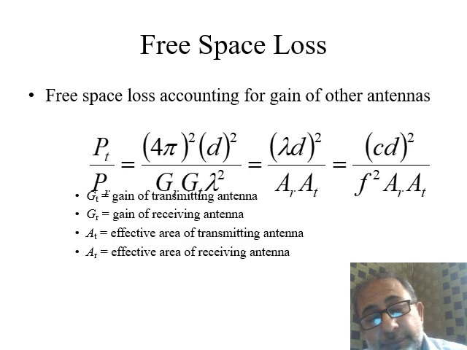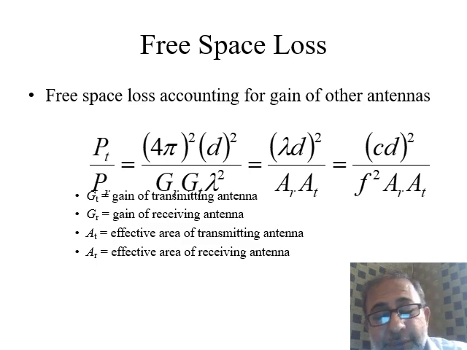So we have the free space, and we have the gains of the transmitting and the receiving antennas, and we know the effective areas of the transmitting antenna and the receiving antenna. Actually, transmission and receiving is done on both the sides, so both the sides matter.